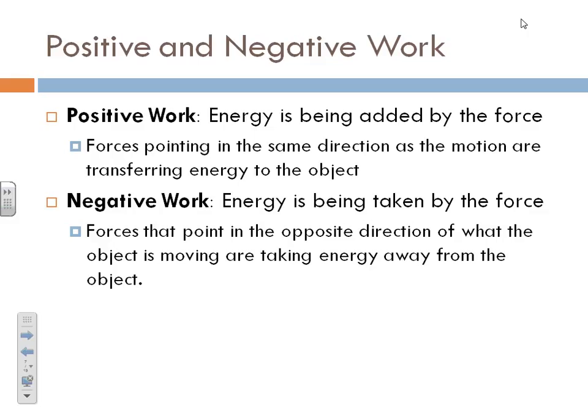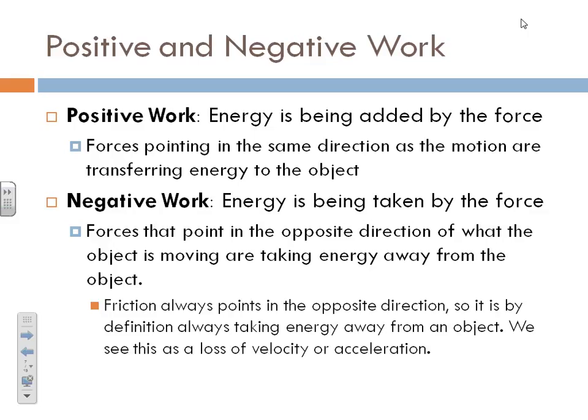Forces that point in the opposite direction of what you're moving are going to be taking energy away from the object. So if I'm moving to the right and something is pushing off to the left, it's taking energy away from me. That's negative work. Whereas if I'm moving off to the right and something is pushing me to the right, then it's going to add energy to me, and I get positive work that's being done.